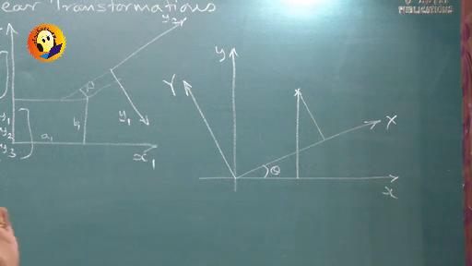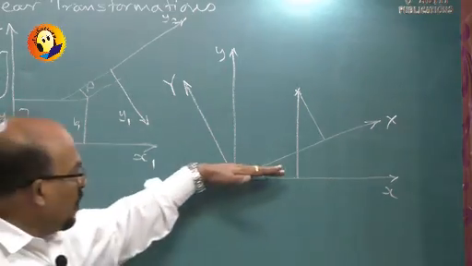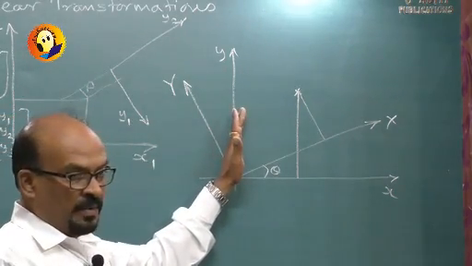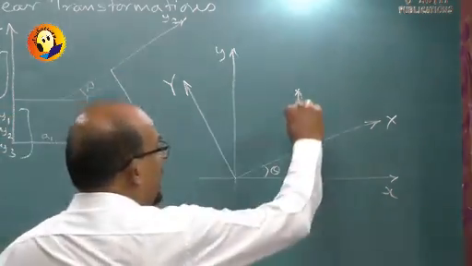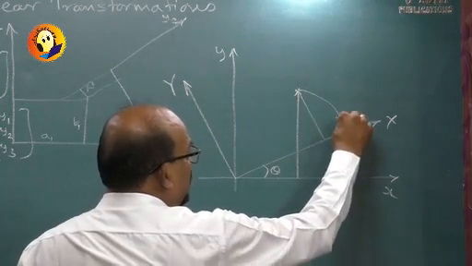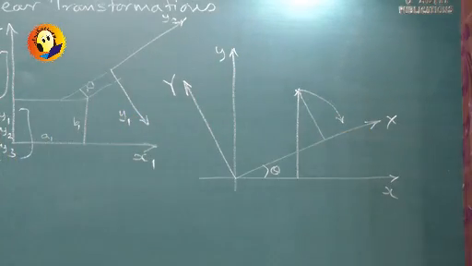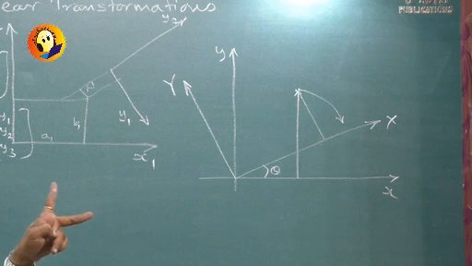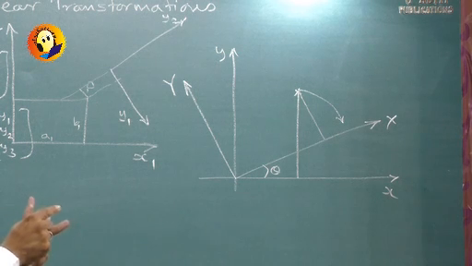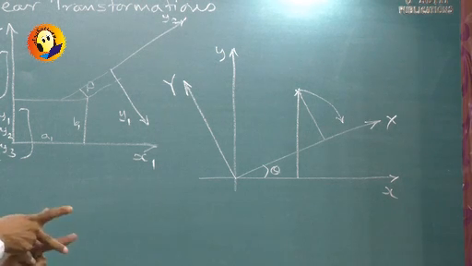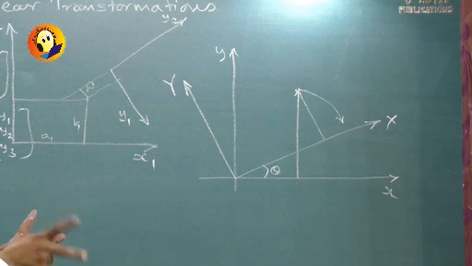See, now the concept is like this. Instead of rotating the coordinate system, is it equivalent to rotating the point in the opposite direction by theta? This was the original system. This is the new system. The point is in the same position. So I am rotating the coordinate axis by theta, positive theta.